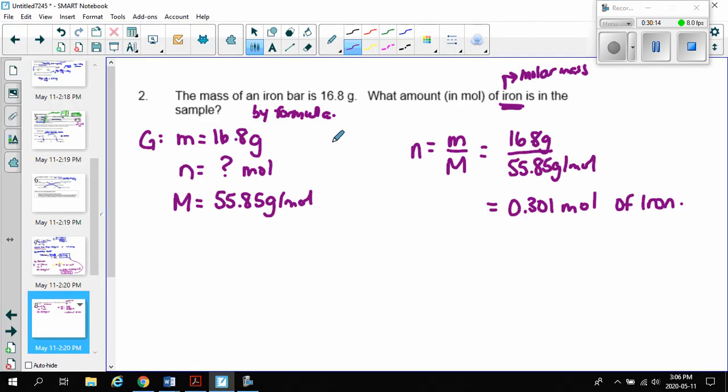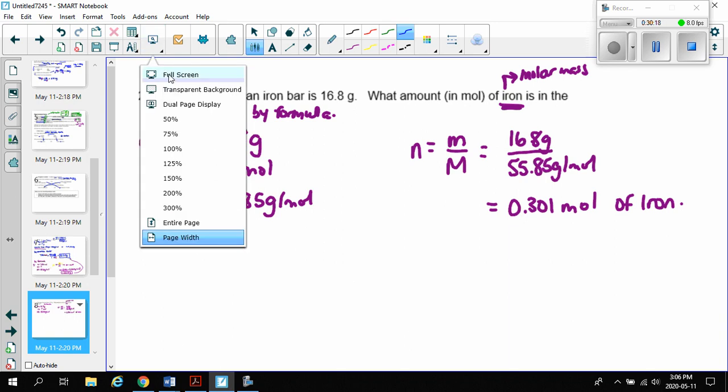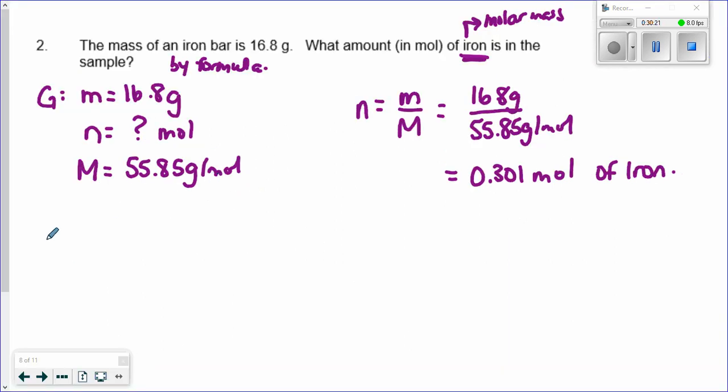Now if I do it by conversion factor, just to go back to that if you're more comfortable with that. Again, mass 16.8 grams.